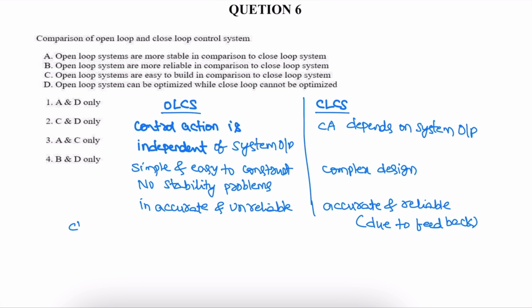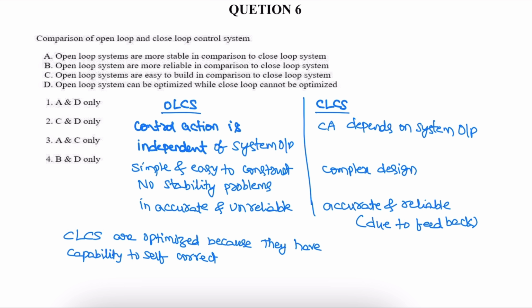Next point is closed loop control systems can be optimized because they have the capability to self correct, whereas open loop control systems cannot be optimized.